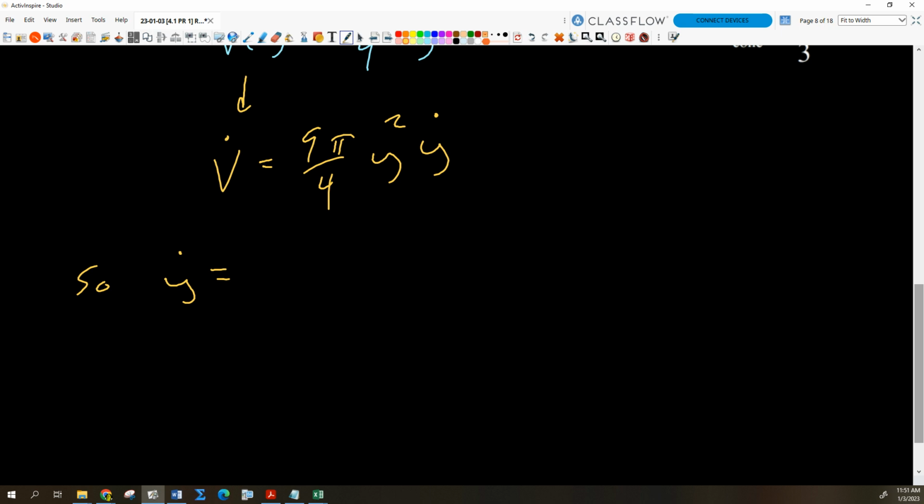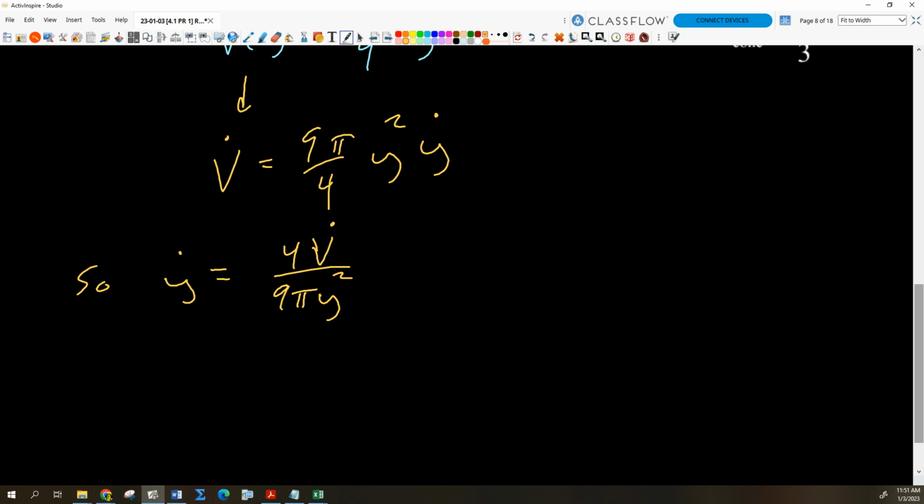If I isolate y dot, I'm going to get the 4 on top. So 4 V dot divided by 9 pi y squared. Everybody buy that? I divide by y squared and multiply each side by the reciprocal of that fraction to isolate y dot.